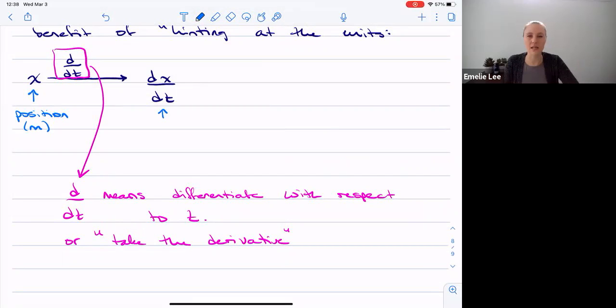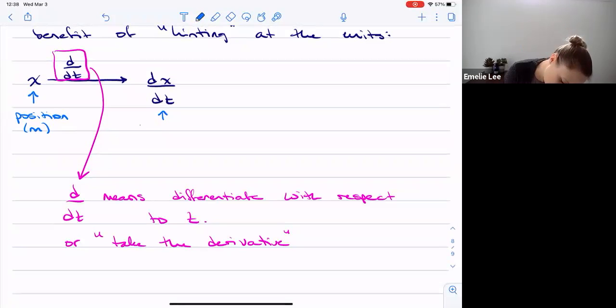Because then I can just write right below dx dt. So if you start at a position function, and we've already done this, and then you take the derivative, where do you end up? You end up at the velocity. The units for velocity, if time is in seconds, would be meters per second. And so here you've got d and d.